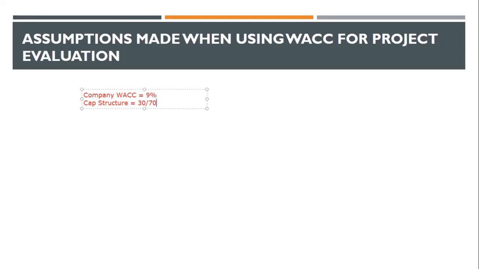Then you are actually investing in a new project, and what you need is a project WACC. The company WACC I cannot apply here, because a project might be different than the existing situation or scenario of your company. Your company has got 9%.